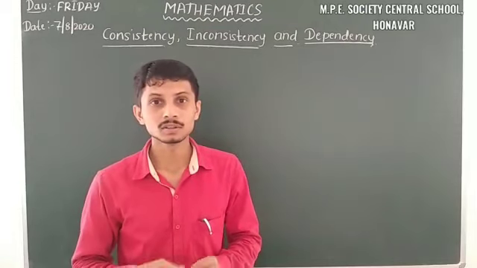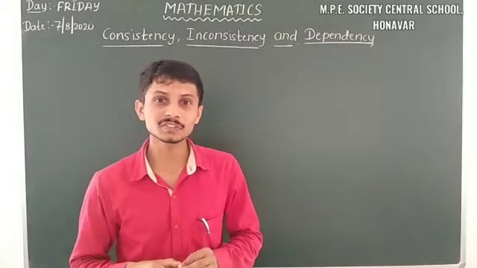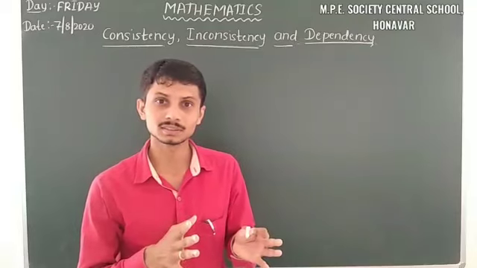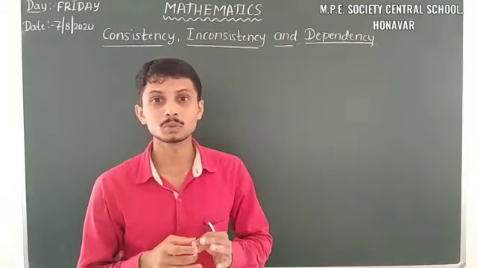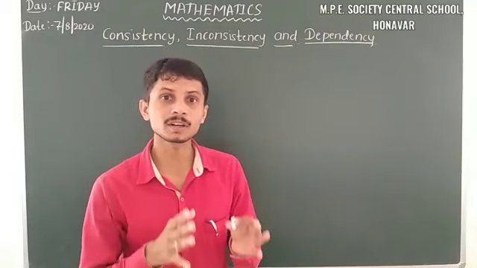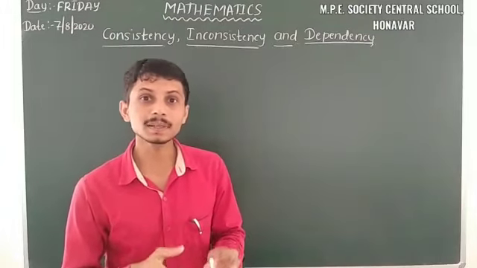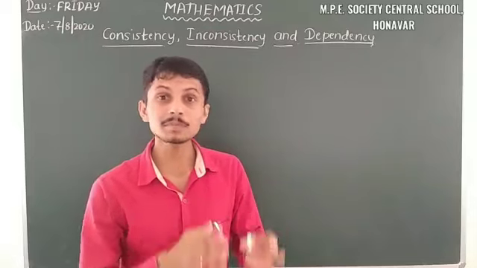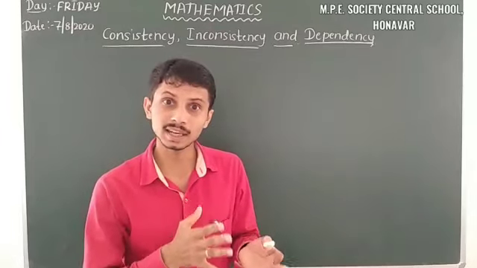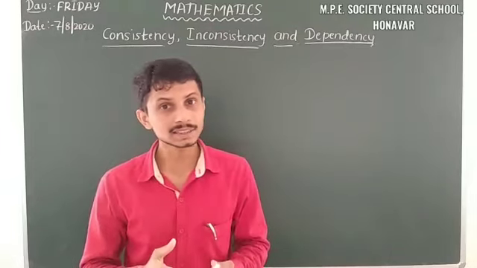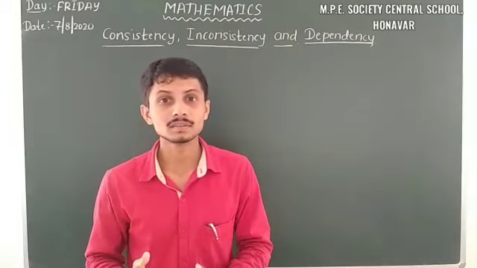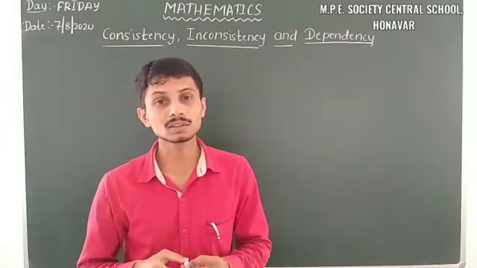So, dear students, in this class we are categorizing those pairs of linear equations in two variables in the form of consistency, inconsistency and dependency. So the same concept arises: intersecting lines, parallel lines, and lines lying on the same line.